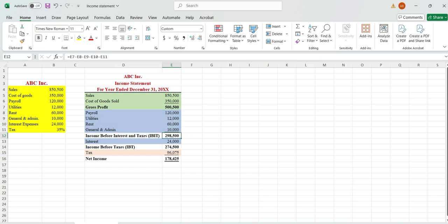Then you're going to have EBIT, and you have to know that this comes after you take out everything and you are left with only interest and tax. Then when you take out the interest, the I in EBIT, you are left with taxes, IBT. Then when you take out the taxes, you don't have anything except the net income.